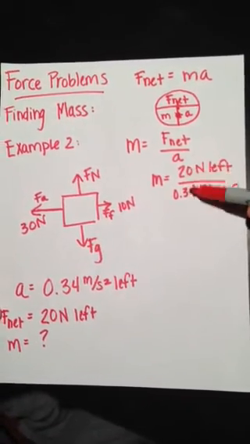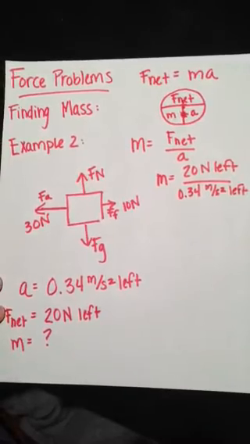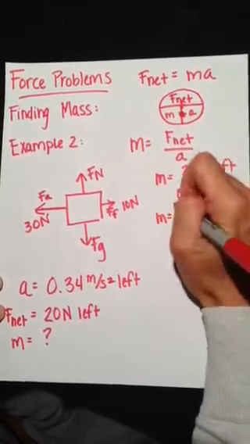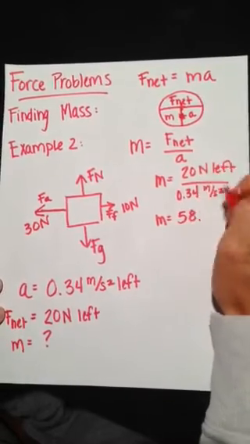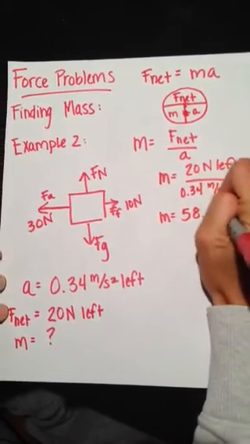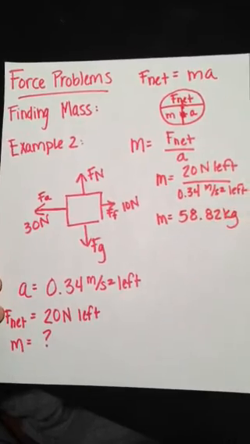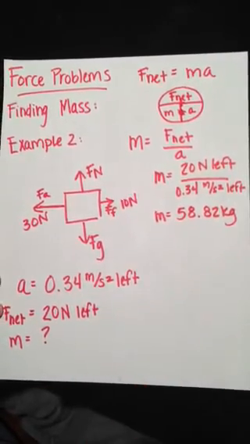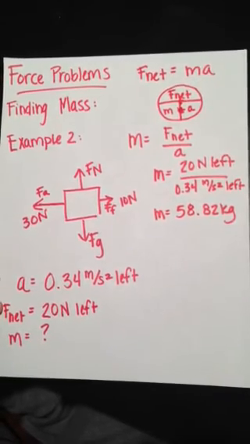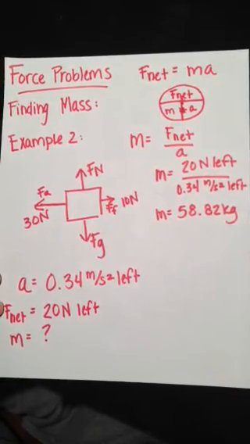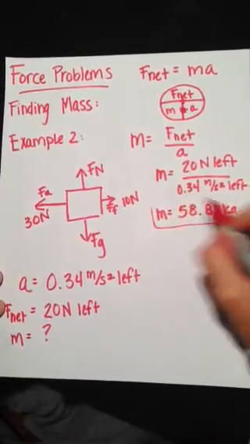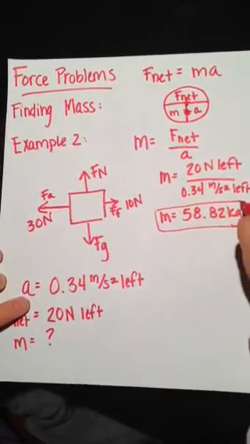If I plug these two magnitudes into my calculator, I should get out a mass of 58.82 kilograms. And again, mass is going to be in kilograms, and that should be consistent with all of our masses in Newton's second law. And after that, I have all of my information, and there is my answer.